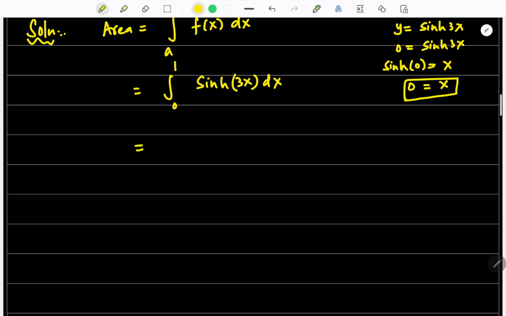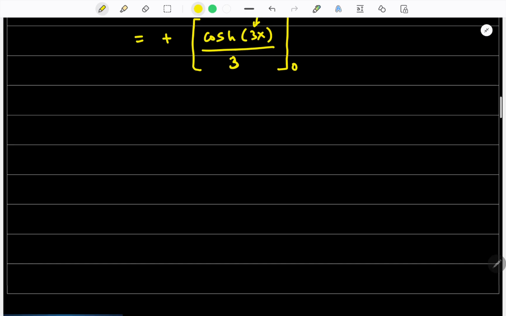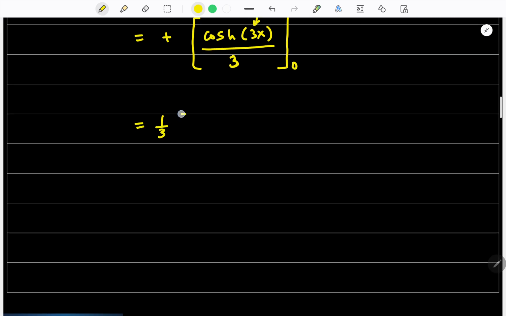So what is the integration of sine hyperbolic? We studied sine is cosine. There is no minus. So plus cosine hyperbolic 3x. One thing you need to do, don't forget to divide by 3 because it's 3x. And the limits are what? 0 to 1. So this equals 1 over 3 will come out.